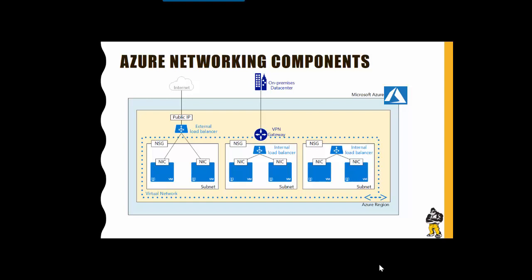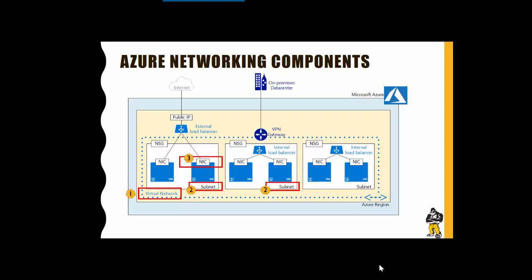From within the Azure data center, within an Azure specific region, the overall image looks like this. It all starts from the virtual network. A virtual network is an Azure networking component in which you define different subnets, where a subnet is obviously an IP addressing space, such as 10.0.0.0/24 or 192.168.0.0/16 and so on.